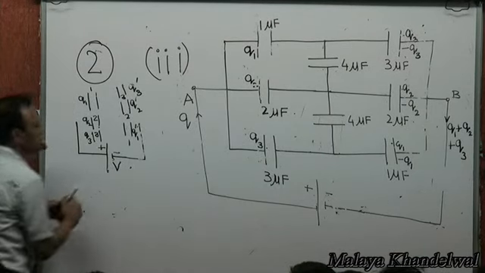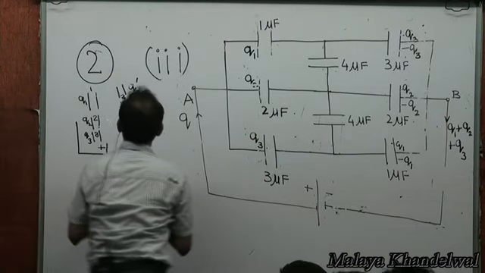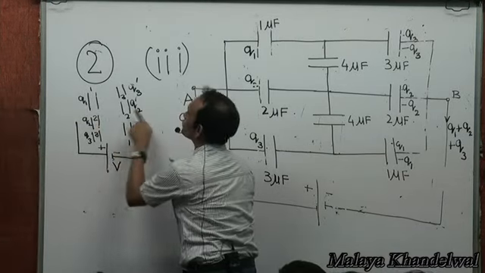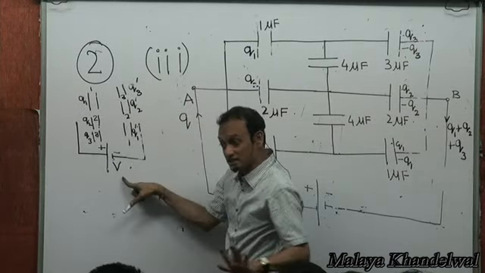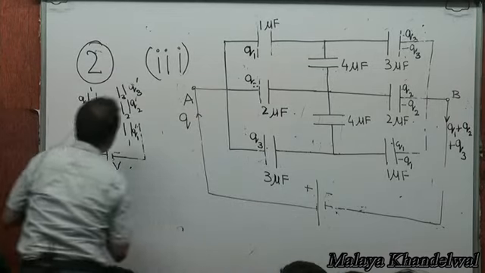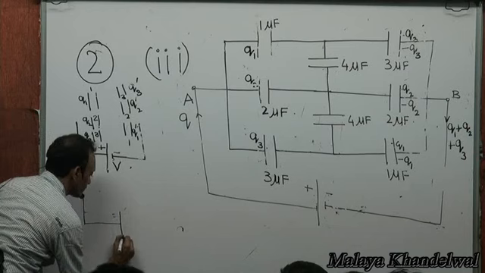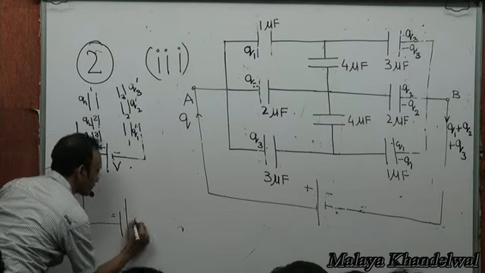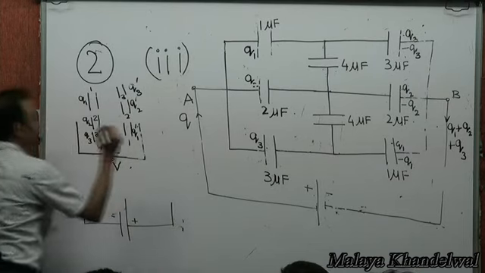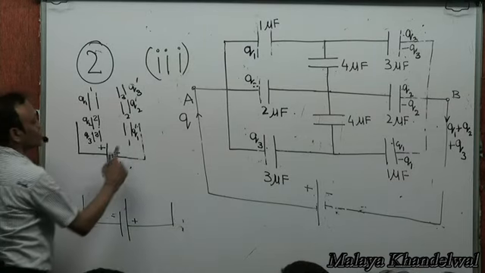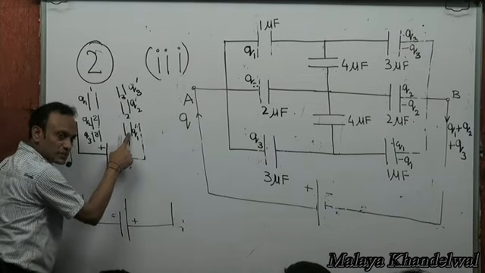Now, reverse the polarities. So, essentially I want to establish that Q1 prime must be minus Q1, Q2 prime must be minus Q2, Q3 prime must be minus Q3. That's my objective. Now, when I reverse the polarity, whatever you saw of this capacitance will become of this capacitance.